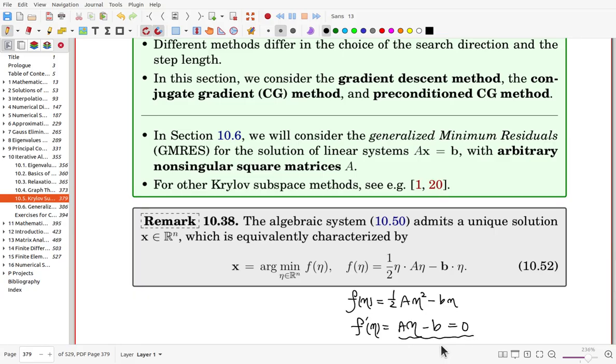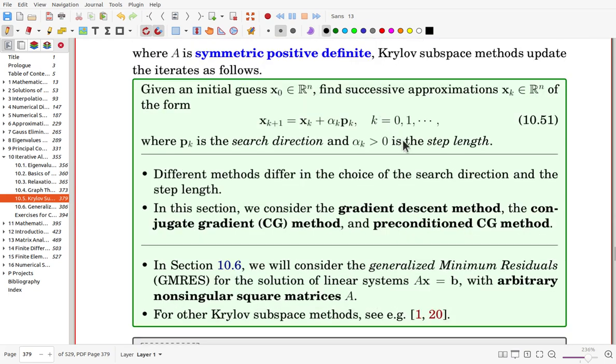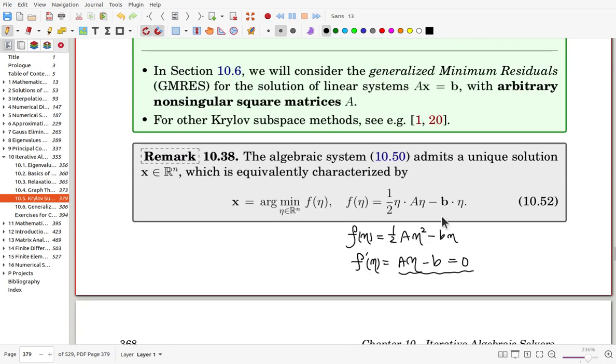When n is 1, that is exactly the same as this equation. But even for arbitrary n, you can prove this the same way. In detail, you can compute the derivative and arrive at that. So eventually, this problem is equivalent to solving Ax equals b.